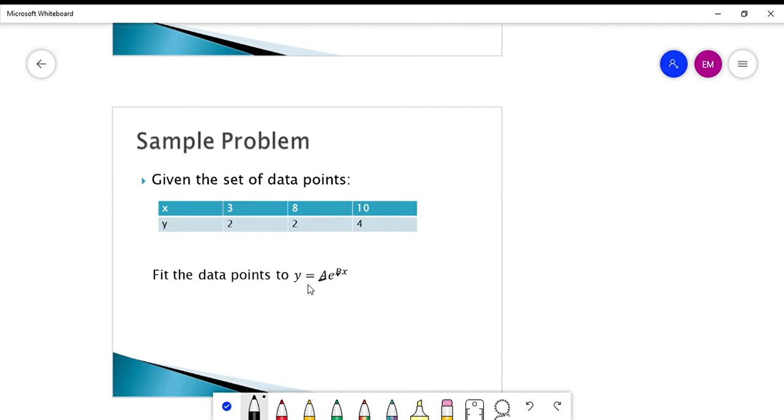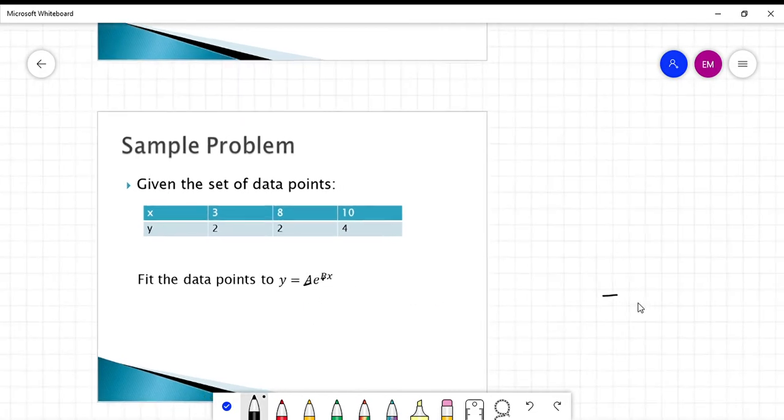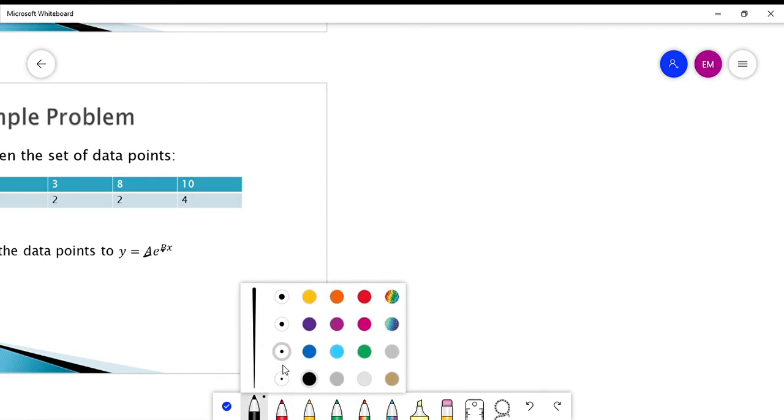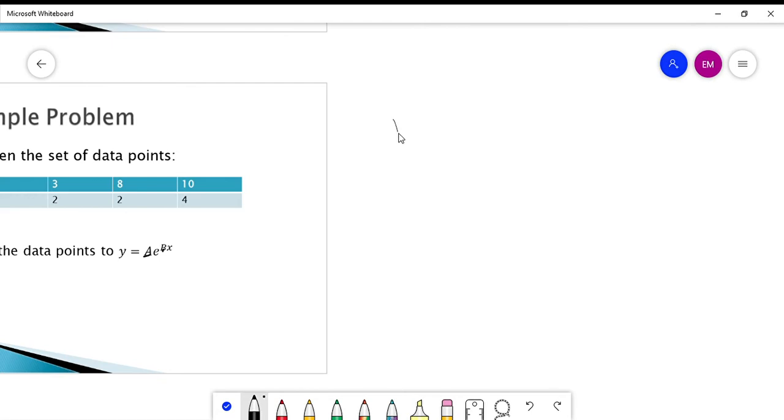So, with this, di ba, if i-ln nato both sides. Given y is equal to a e raised to bx.